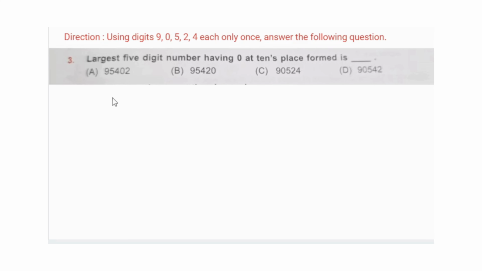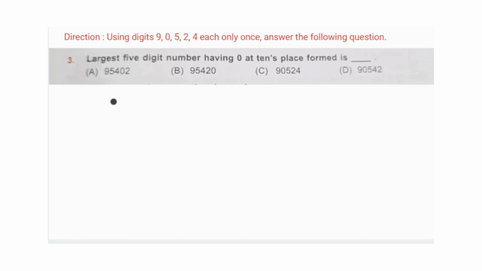Since it's the largest 5-digit number that we need to find, we need to construct a number using all the numbers 9, 0, 5, 2, 4 that is the largest. For that, we need to write the numbers in descending order.